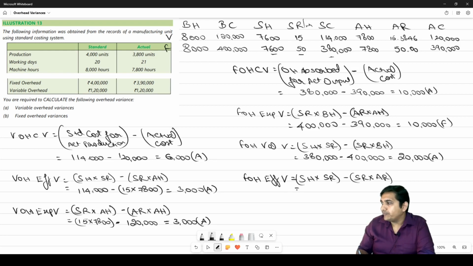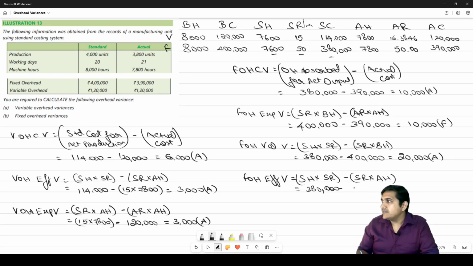So how much is standard hours into standard rate, which is again my standard cost, 3,80,000, minus standard rate into actual hours.